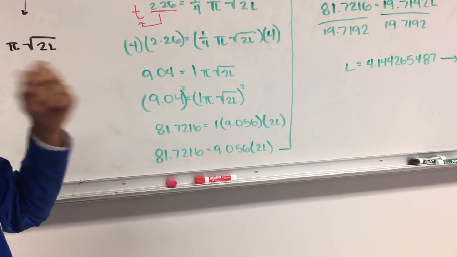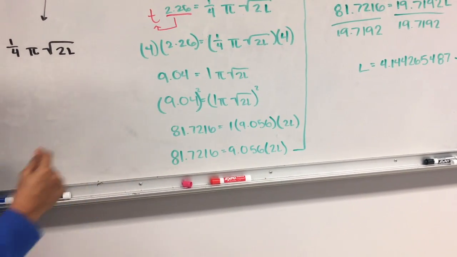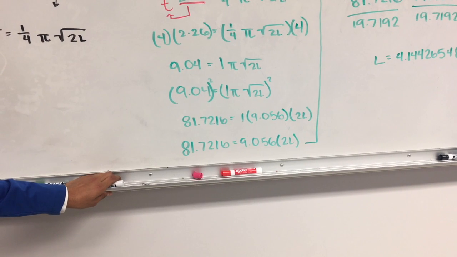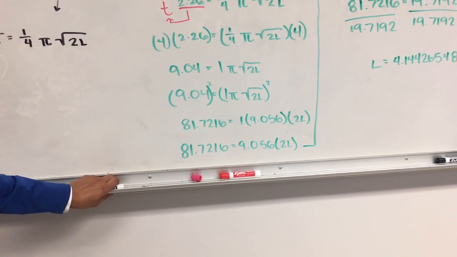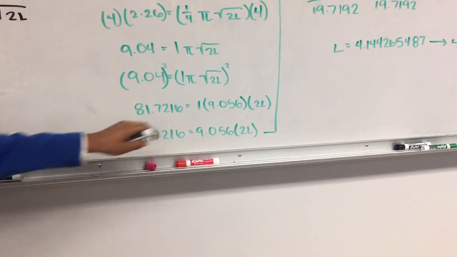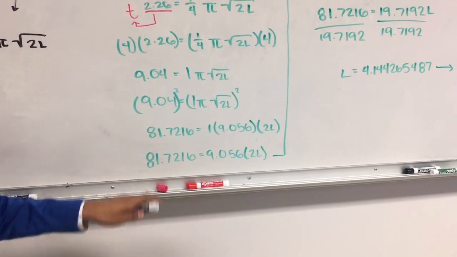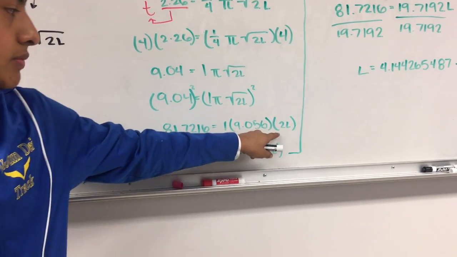From there we square both sides to get rid of the square root, and we get 9.04 to the second power. When we multiply that together, we get 81.7216 equals 1 times 9.056, because we squared pi, times 2L.